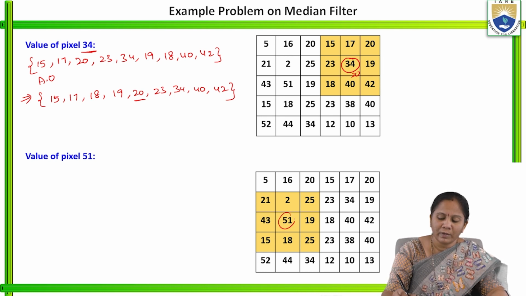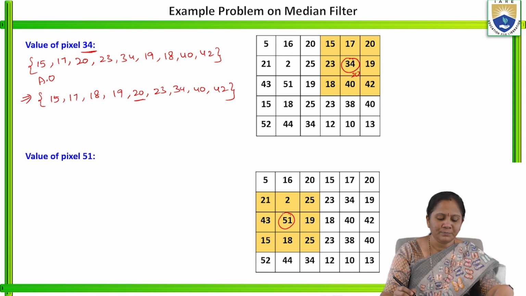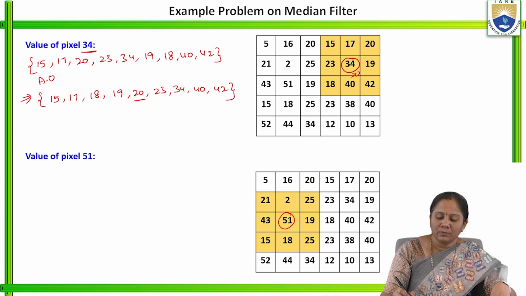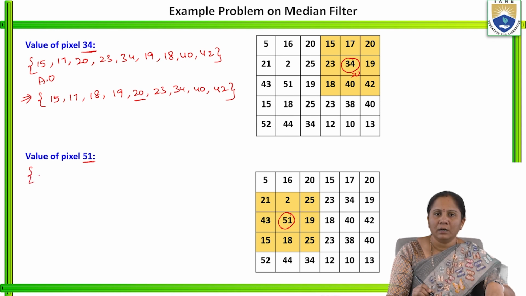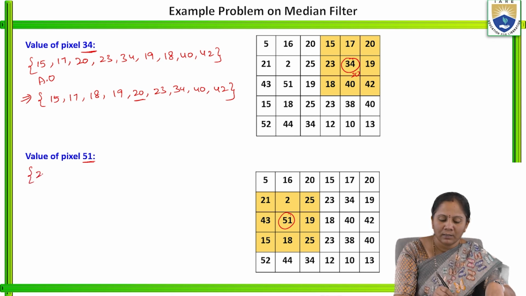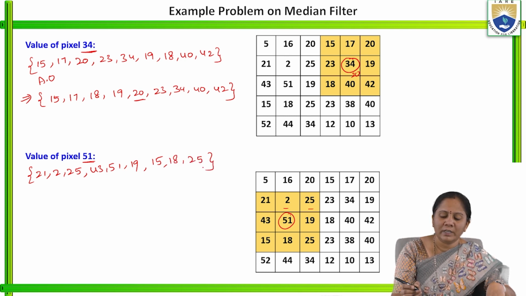Next we have to shift the mask to find the next new pixel value. Then this 51 will become the center pixel, which needs to be replaced. Considering 51 as the center pixel, what are all the neighborhood pixels? 21, 2, 25 and next 43, 51, 19 and next 15, 18, 25.